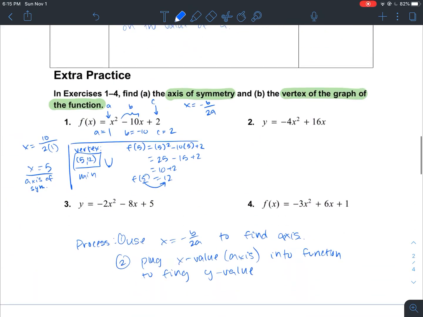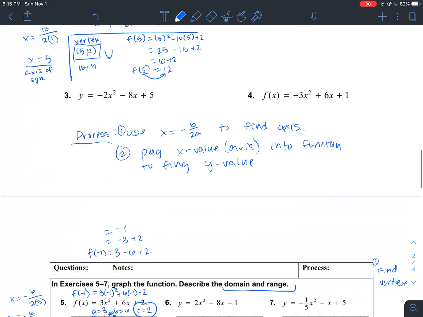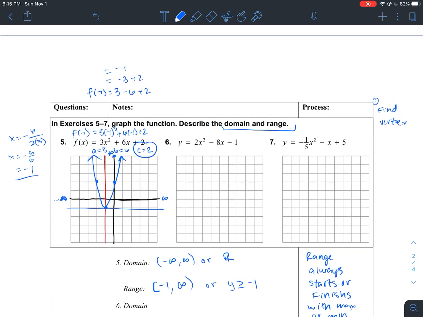And then 2, you can find the y-intercept like we did over here to find another point on the graph, and then 3, use symmetry to graph the rest.